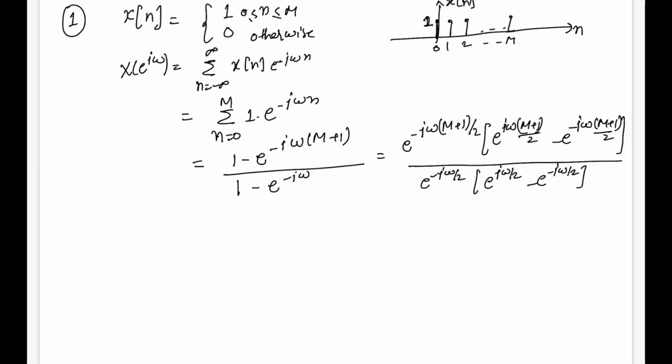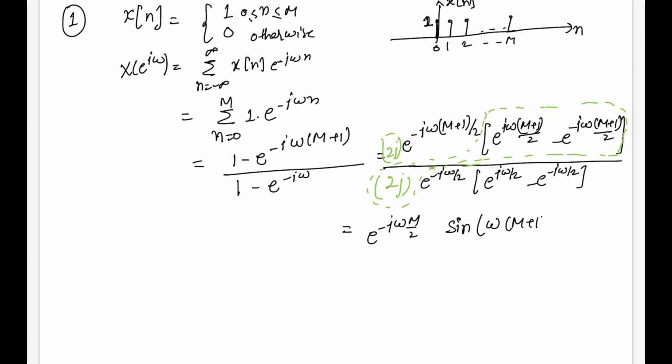Let's multiply by 2j in numerator and denominator, so basically this portion is nothing but an expression of the sinusoidal function, similarly 2j in the denominator. So this can be written as e to the power minus j omega M by 2 times sine of omega (M plus 1) by 2 divided by sine of omega by 2.